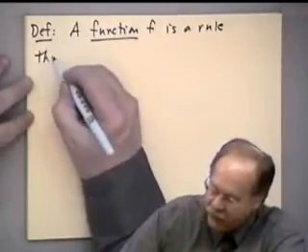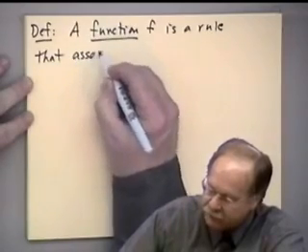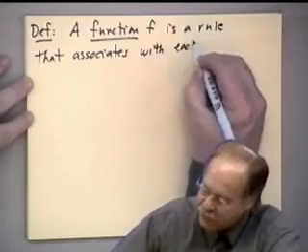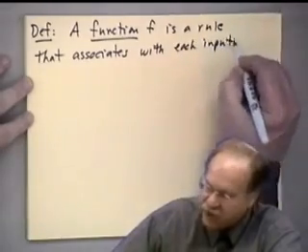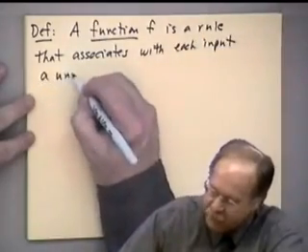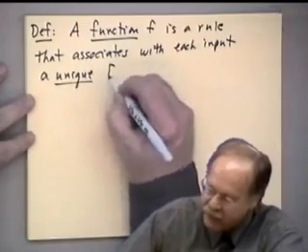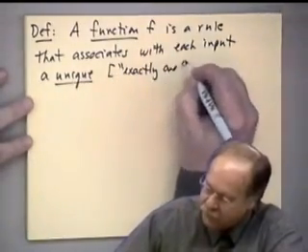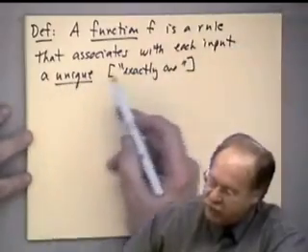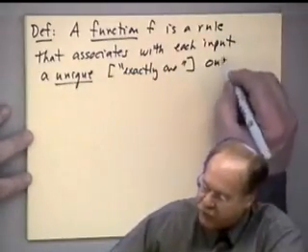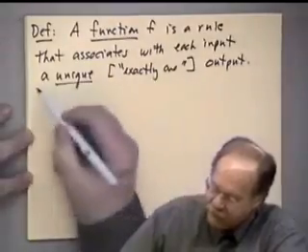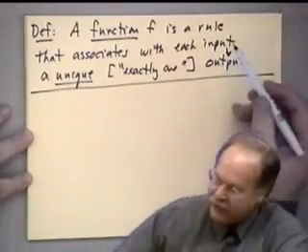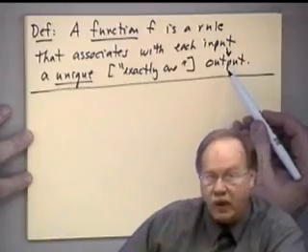It is a rule that associates with each input a unique, and by unique, of course, we mean exactly one, output. This is the crucial definition of a function, input to output. Each input gives you exactly one output.